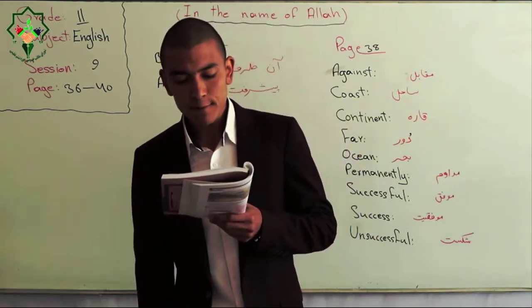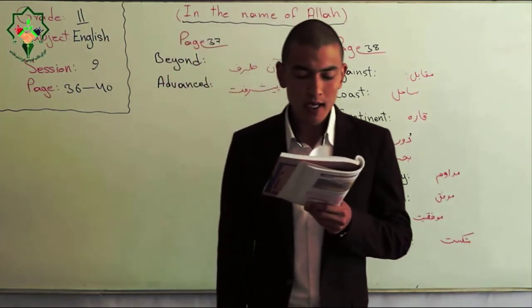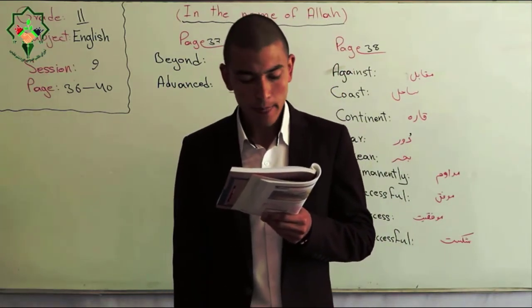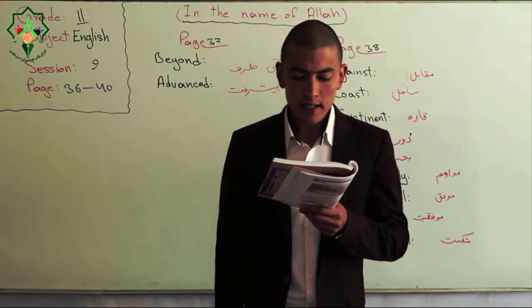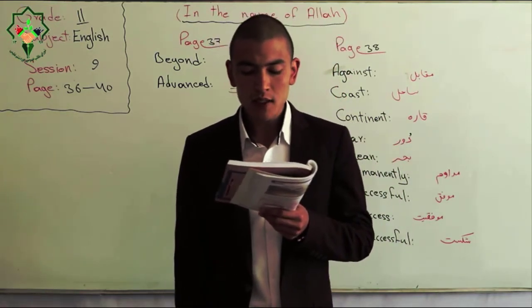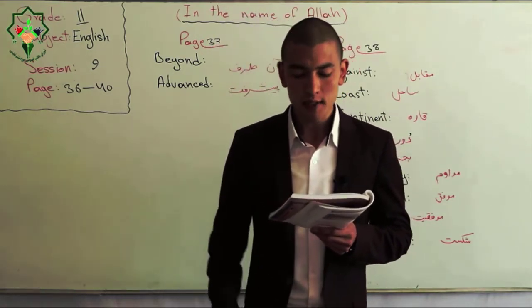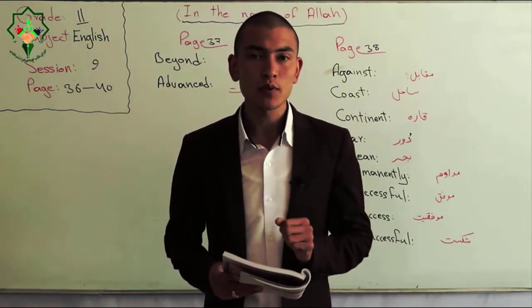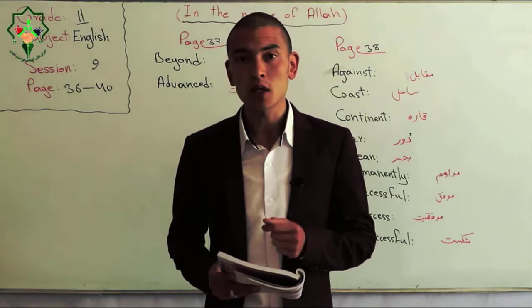By 714, that country and Portugal were both ruled by the Muslims. In France, they advanced as far as Tours in 732. This is the passage that you should read yourself once again at home.